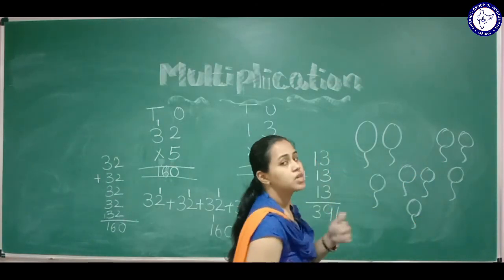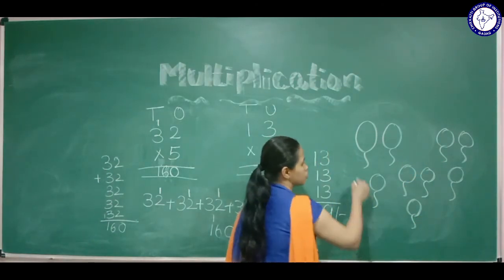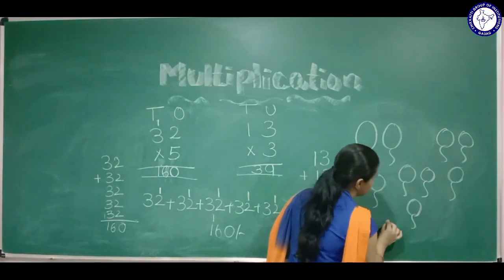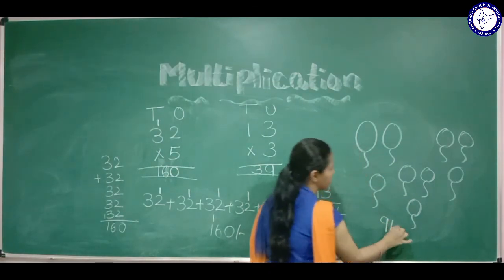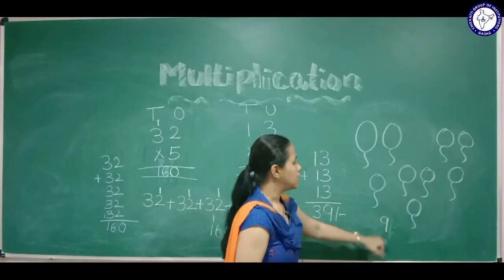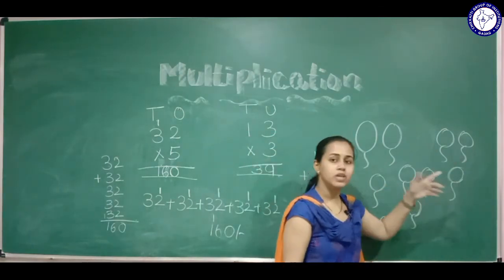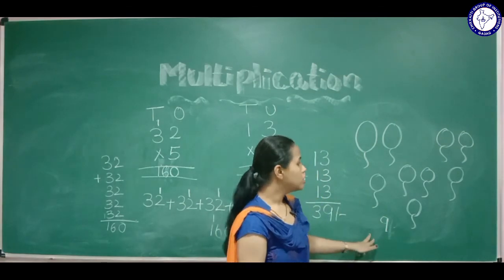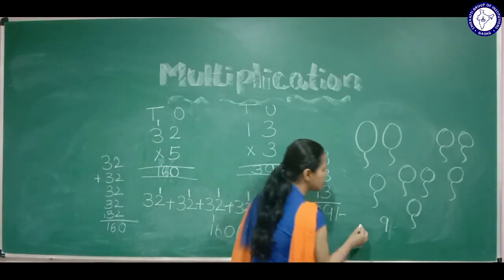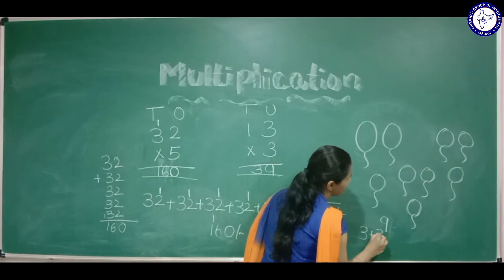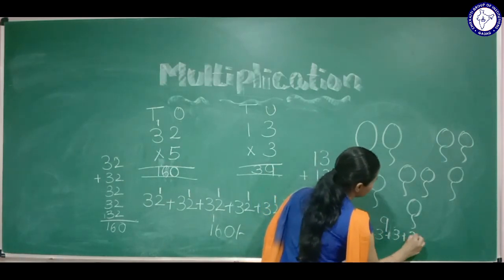So we are multiplying the same numbers. So totally it becomes what? 9, right? 1, 2, 3, 4, 5, 6, 7, 8, 9. So we are adding the numbers. So it's easy, right? If you write how many times.